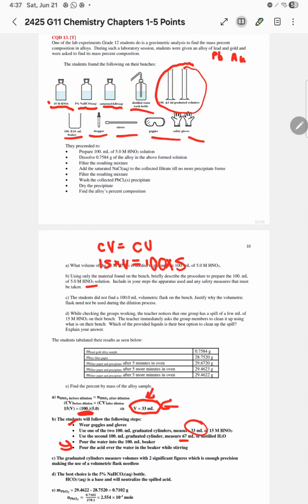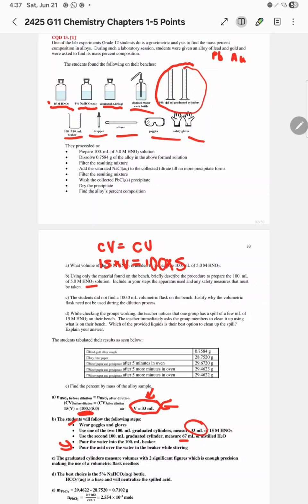You don't need this much precision in this experiment.